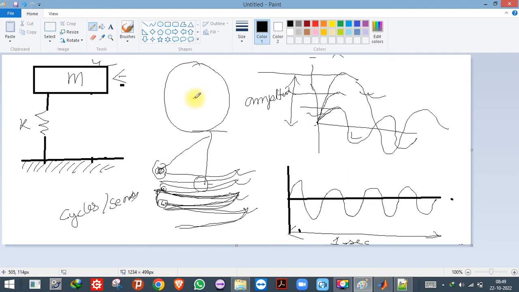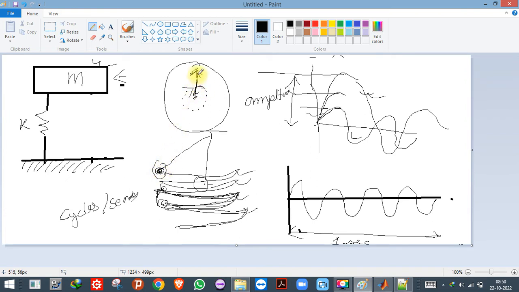Let's say the watch that you have. So let's say this is a needle, or I would say an arrow. If it is rotating like this, and it rotates 1 time in 1 second, then again I am saying the same definition, how many times it reaches its original position in 1 second.